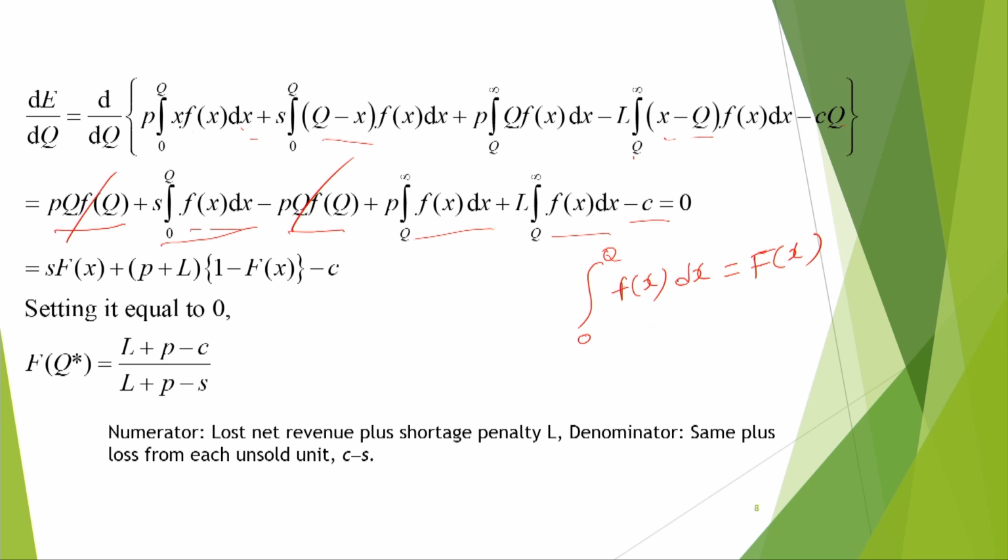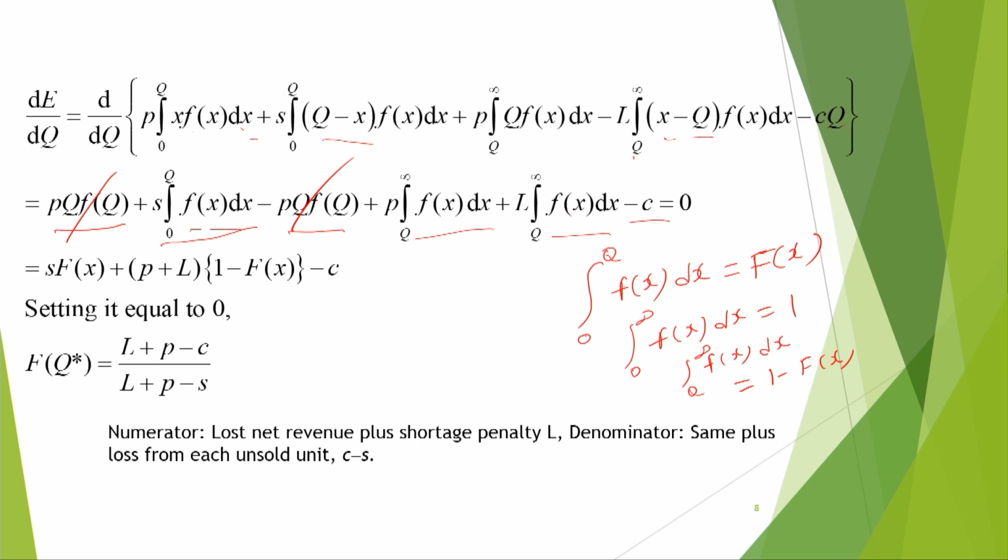So, the integral 0 to q of f(x) dx, but you know that it is a probability distribution. So, 0 to infinity of f(x) dx is equal to basically 1, but 0 to q of f(x) dx is F(x). So, therefore, q to infinity of f(x) dx is equal to 1 minus F(x), is it not, 1 minus F(x).